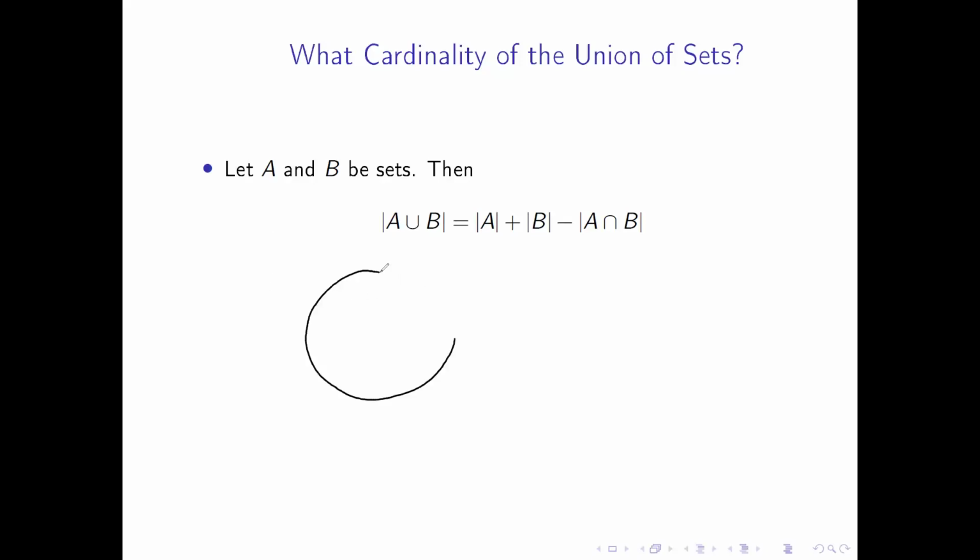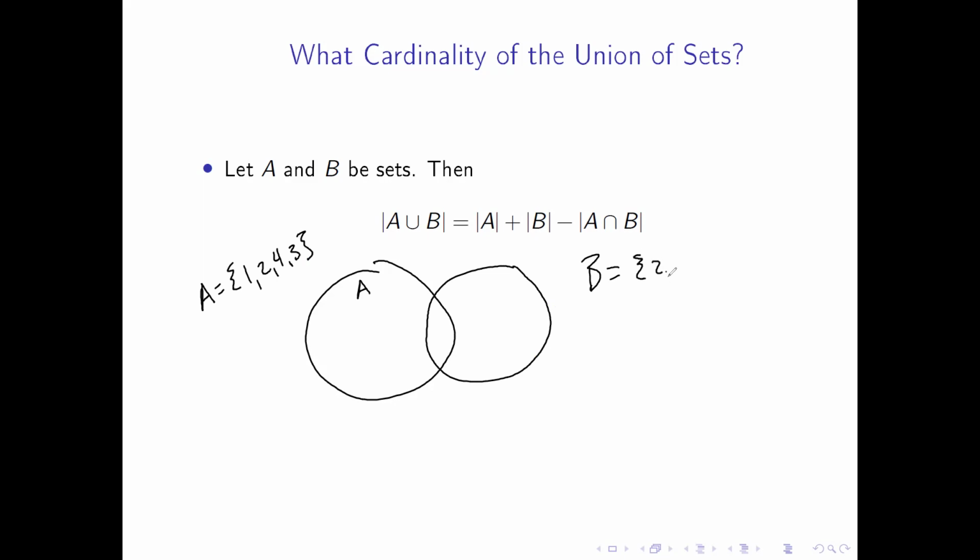So let's look at this set right here, where we had A, the set 1, 2, 4, and 3. I know I did them out of order. And we have B, which was the set 2, 4, 6, and 9. All right, so 2 and 4 are in here, and I have 1 and 3 hanging out over here, and 6 and 9 over here.